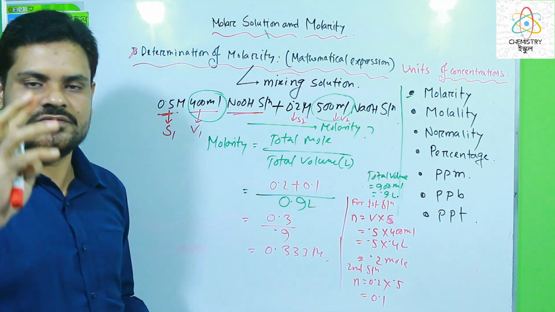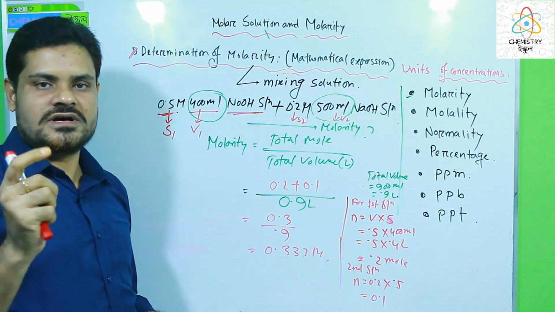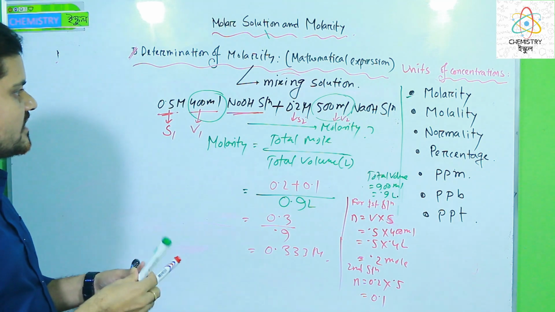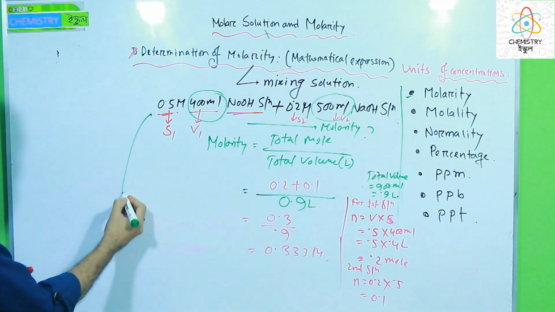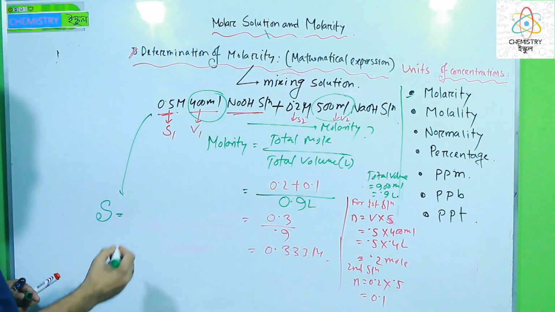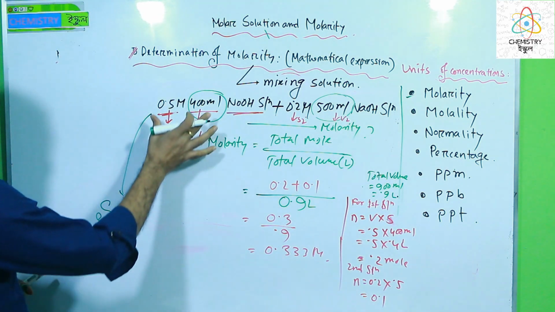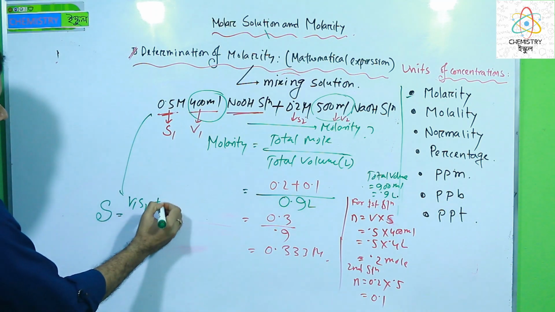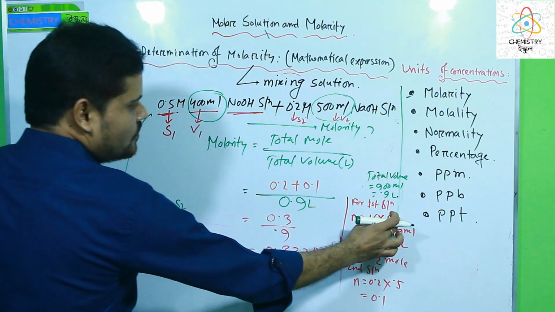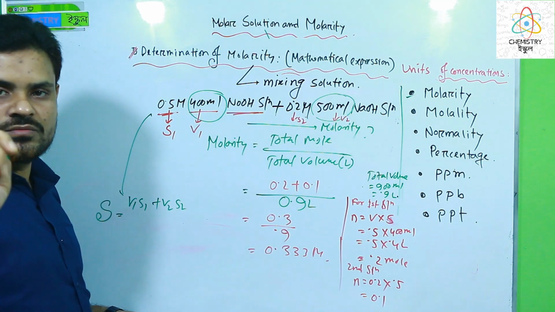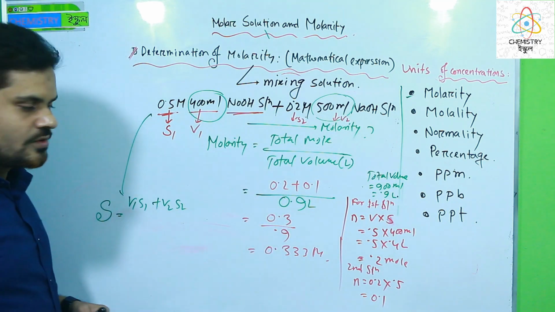Dear learners, this problem we can solve by a general expression for the molarity of a mixed solution. And what will be the general expression? If we express the molarity as S, then we write V1S1 for the first solution. This is the mole of the first solution. V2S2 is the mole of the second solution. When we multiply volume with molarity, it gives the mole.